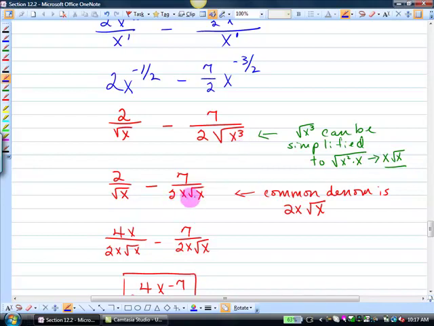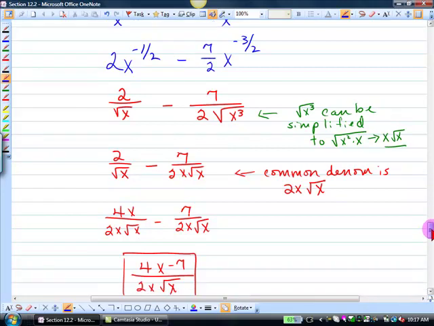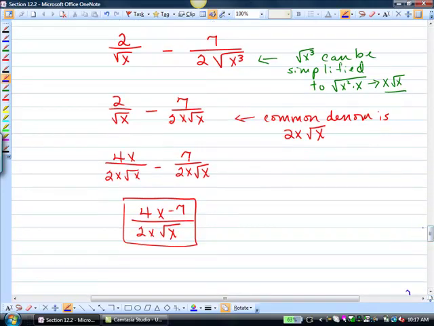So we have 2x square root of x, and we have square root of x over here. We've got a subtraction. With fractions, we have to have a common denominator. Common denominator is 2x times the square root of x. So I changed this one to 4x over that, and I come up with the answer that Math Lab wants.